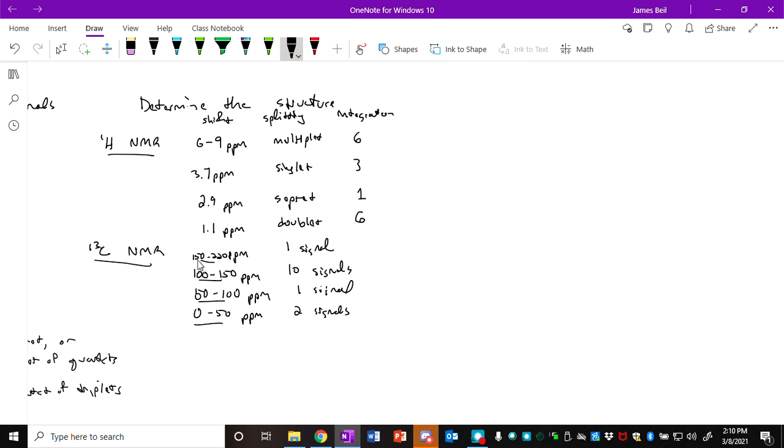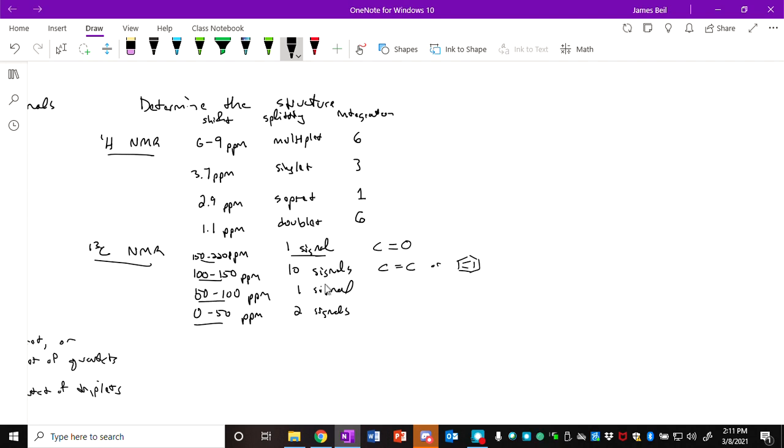So between 150 and 220, a signal that appears in that range is usually part of a C=O double bond. I can't really tell much more than that because I don't know where in that range that signal is. Signals between 100 and 150 are part of a carbon-carbon double bond or an aromatic ring of some sort.